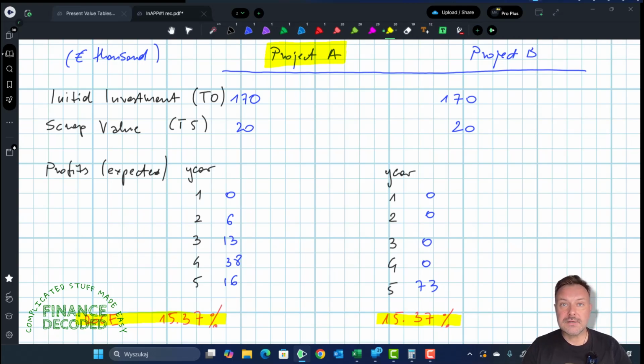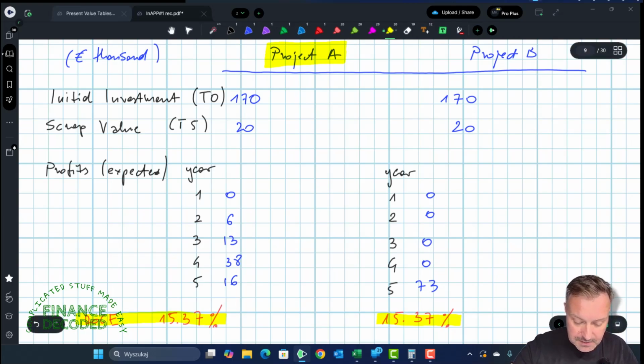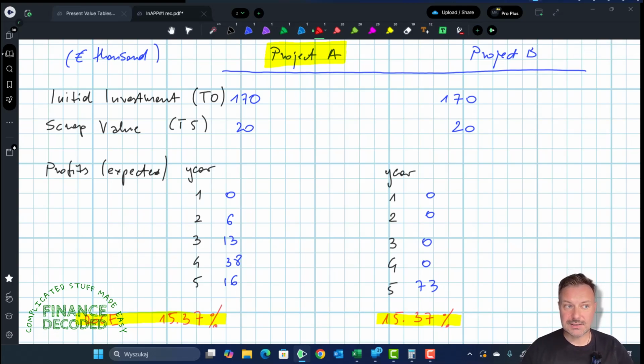Specifically, the returns are achieved earlier than in the case of project B. So as you already know, the return on capital employed and other accounting rates of return do not address such issues as when things are happening. So what we can do is compare these two projects using the payback period. Okay, see when the initial investment is actually paid back in both cases.